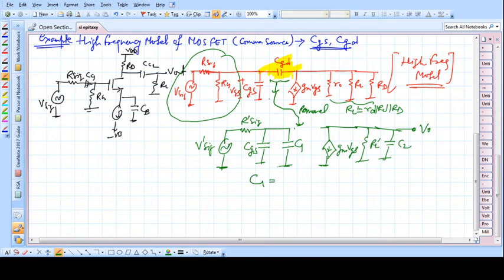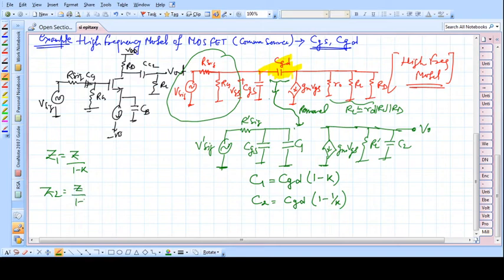Now we can write C1 as CGD times (1 minus K), and C2 is written as CGD times (1 minus 1 by K). Because in the impedance case, Z1 equals Z by (1 minus K), and Z2 equals Z by (1 minus 1 by K).